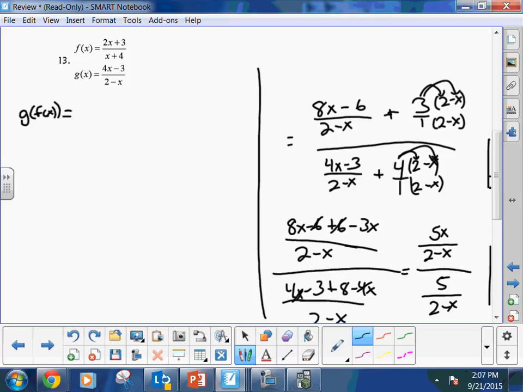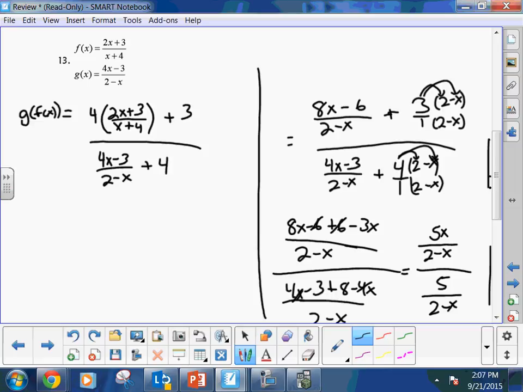So now in this case, we'll have 4 times 2x plus 3 over x plus 4 plus 3 all over 4x minus 3, 2 minus x plus 4. And so we'll have, let's see if I did that right. Yes, I did.